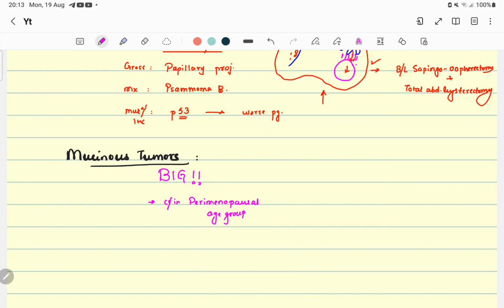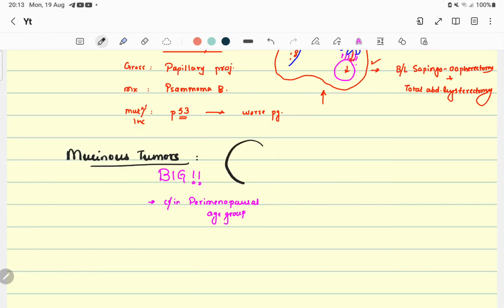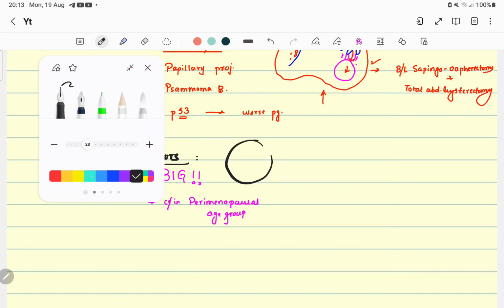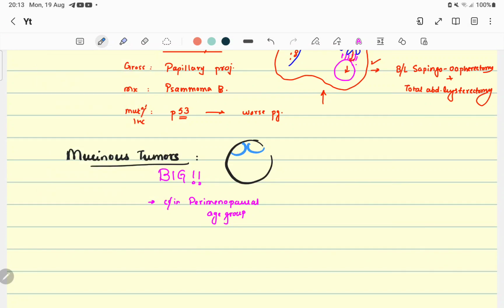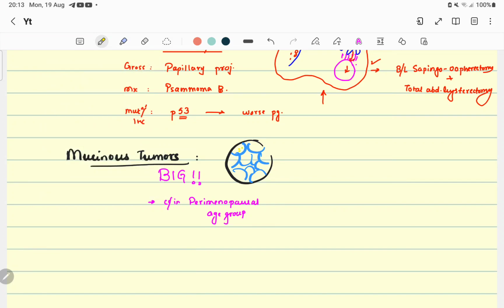And grossly, what will be the appearance? Let's assume this is the tumor. Then there will be cyst-like spaces present, and here we'll have the filling of clear fluid, which is the mucin.